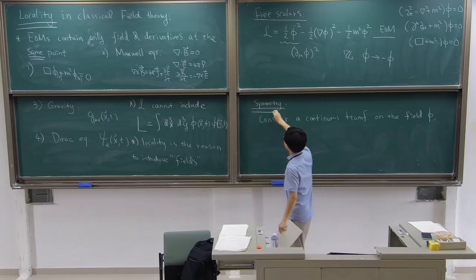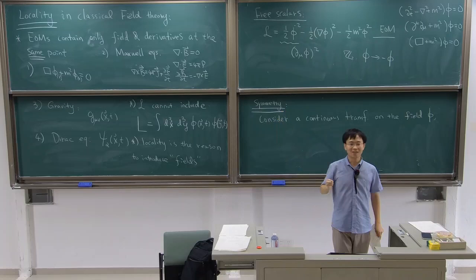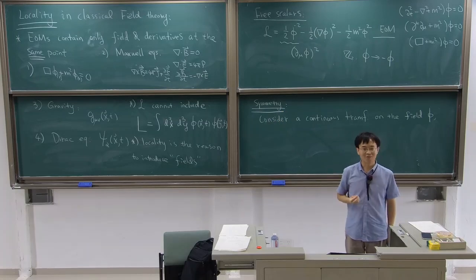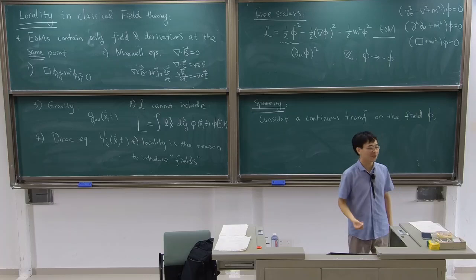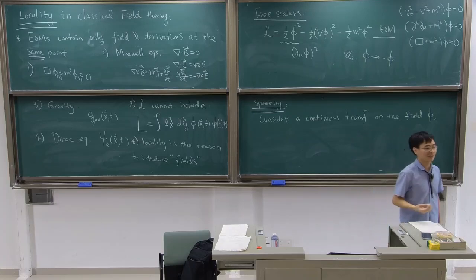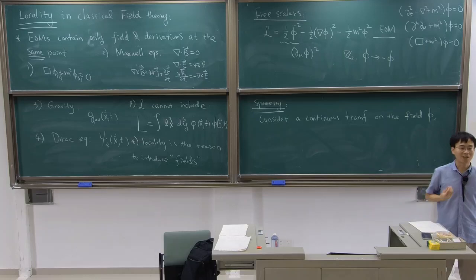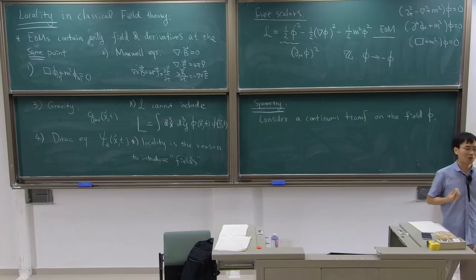Before we do anything, we first should make it very clear: what is the definition of a symmetry, right? When you talk about symmetry, it's better to make it very clear what you mean by that. In other words, for which kind of properties of a given theory do we say there is a symmetry?